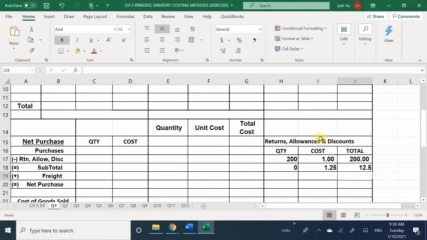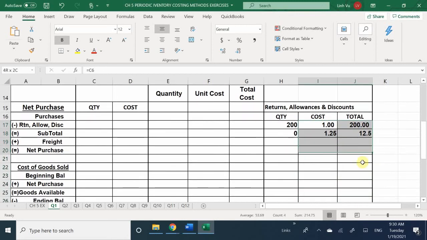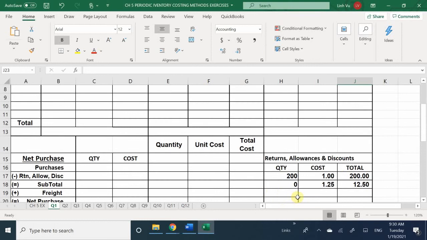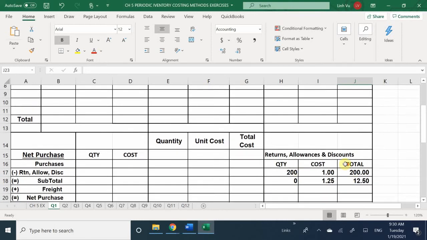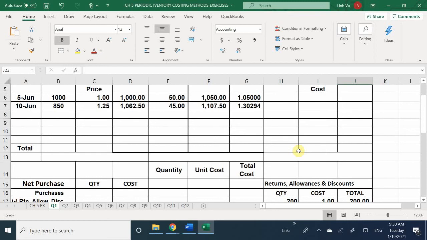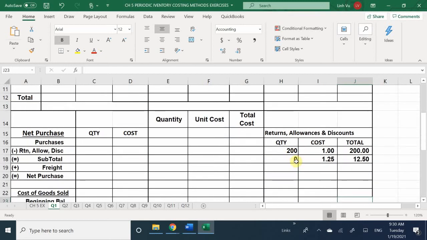So therefore, $12.50 is our answer here. And we'll see what happens when we actually need to apply this discount to our items when we calculate it. Okay, so there you go. Here is a look at that discount that we received off of those 50 items that we purchased with our 850 items. Okay, so this is how we're filling it out.